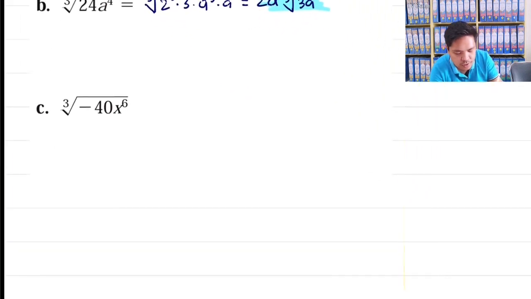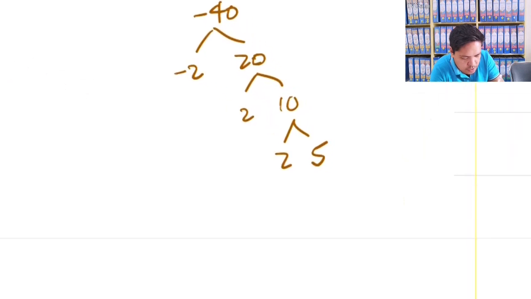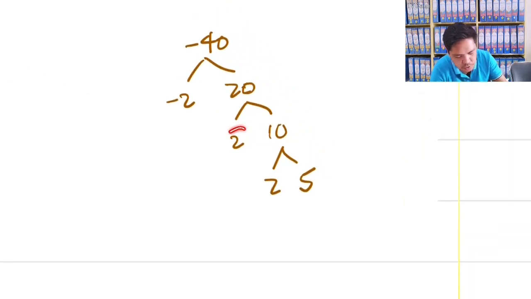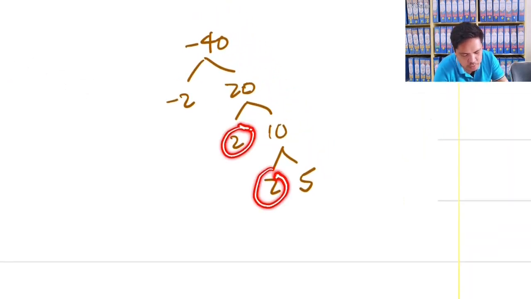Ulitin natin. I'm so sorry. So, eto lang gamitin natin. So, negative 40 is, ano yan? Negative 2 times 20. 20 is 2 times 10. 10 is 2 times 5. Okay. Remember that 2 times 2 is positive 4.